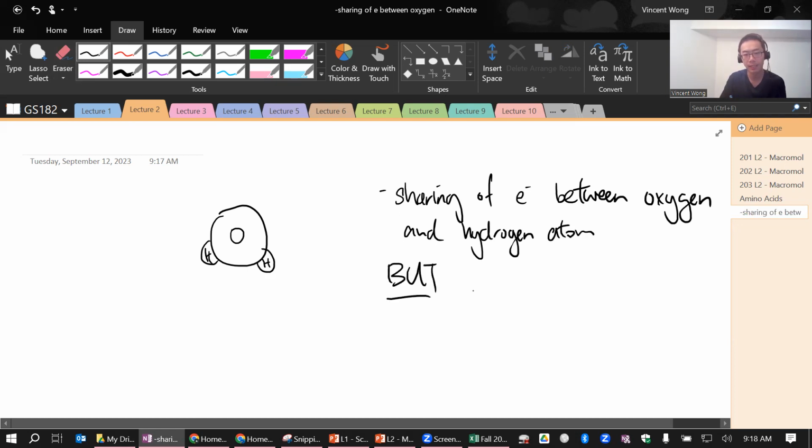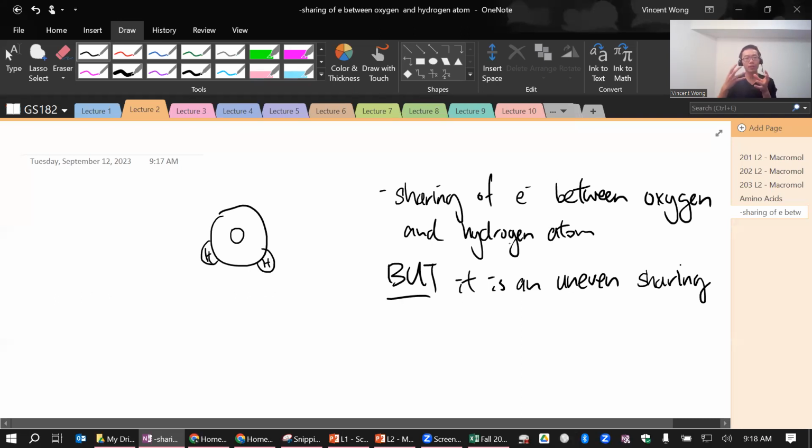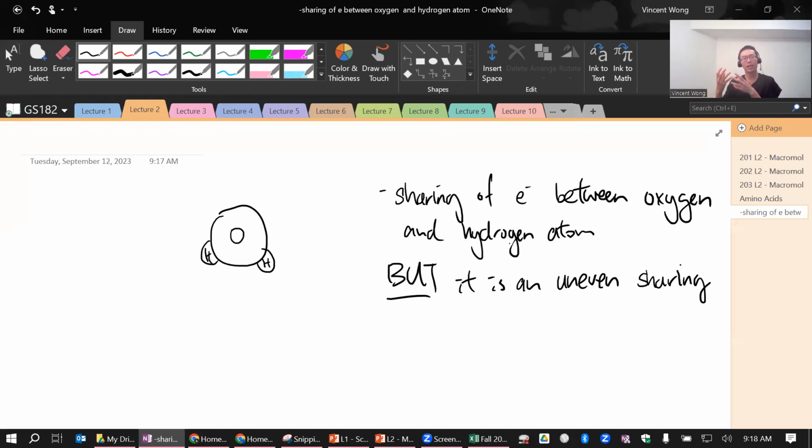But it is an uneven sharing. Okay, meaning even though they're sharing, one of the atoms actually kind of hogs it a little bit. Okay, it is trying to pull the electron towards itself.